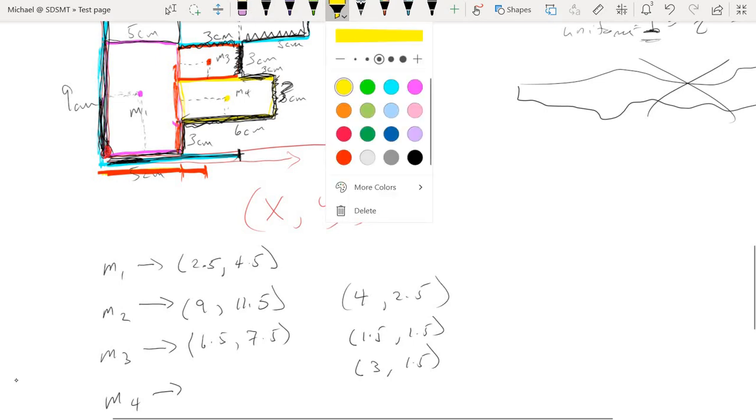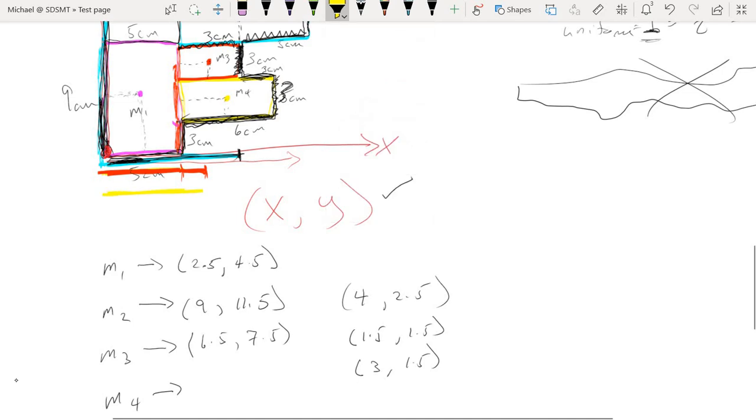So we have to come out 5 centimeters and then add an extra 3 to that. 5 and 3 is 8. And then we have to measure up 3 centimeters and an extra 1.5 centimeters. So 4.5.